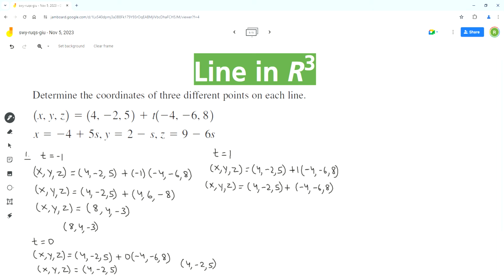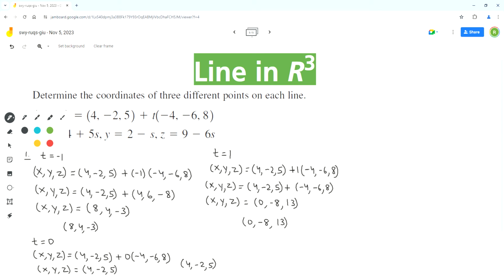Now we can add the vectors by adding their x, y, and z components. So I get the third point as 0, -8, 13. So these are the 3 points that lie on the first line.